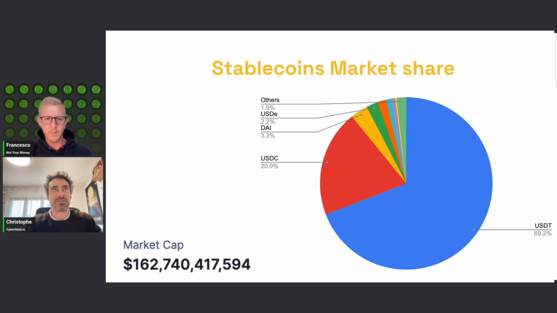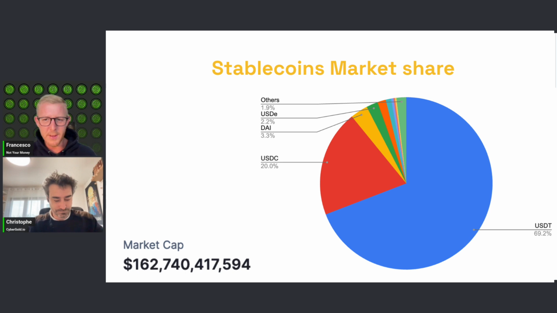A few years later, there was the DAI stablecoin, which is a decentralized stablecoin. Then with the rise of decentralized finance, there was kind of an explosion of stablecoins. Nowadays, there are almost hundreds of stablecoins.